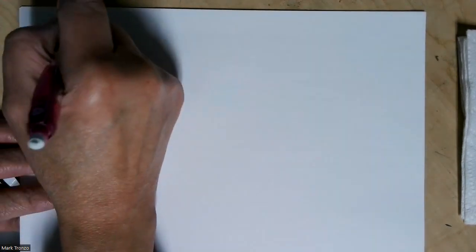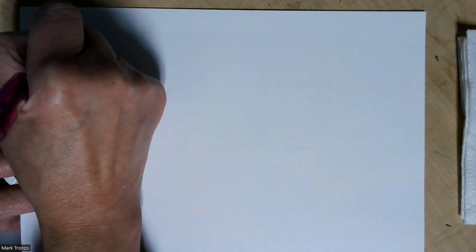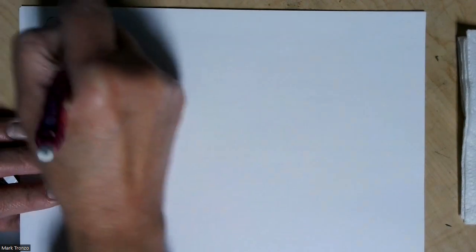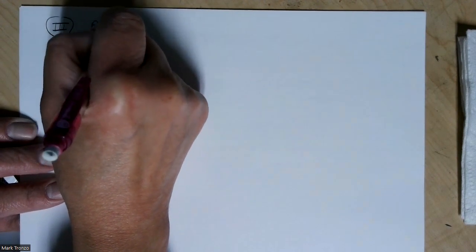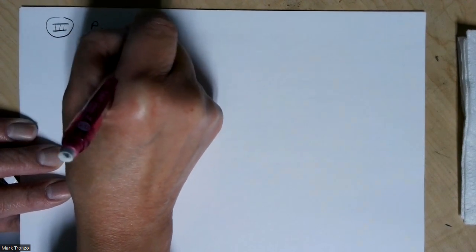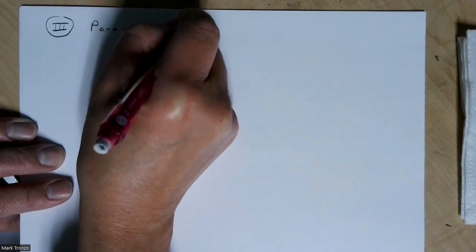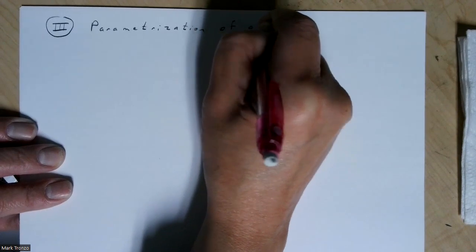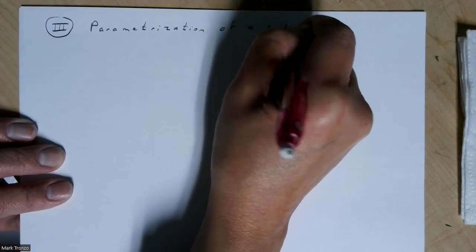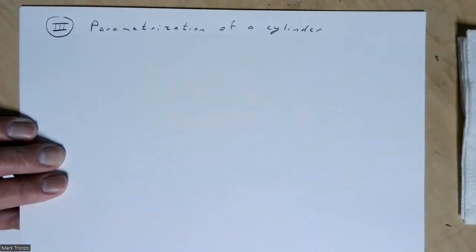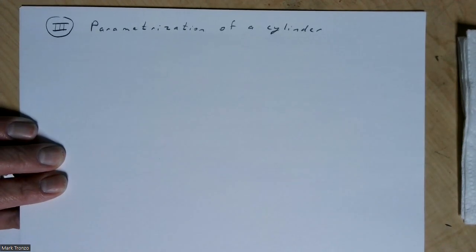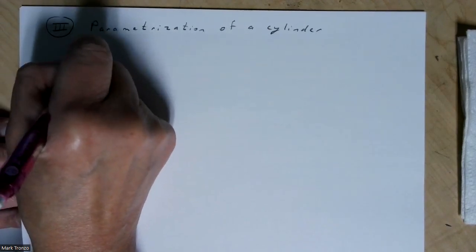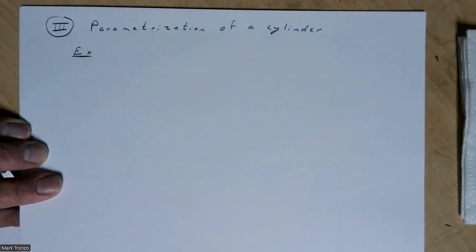Another common parametrization is a parametrization of a cylinder. Suppose you have, and let me actually do an example, it would probably be the easiest way to handle this.